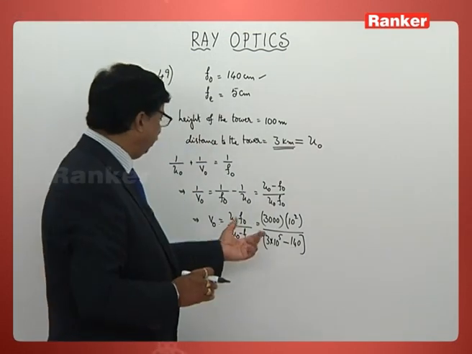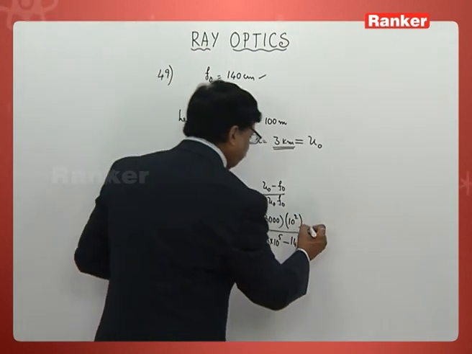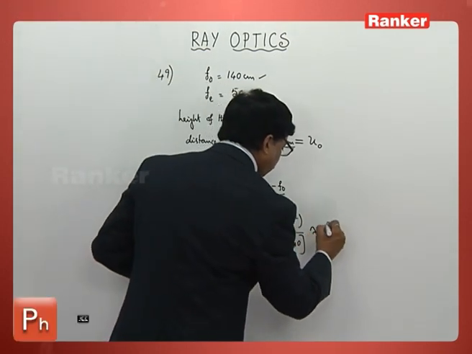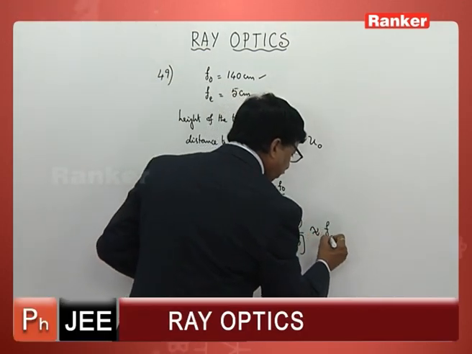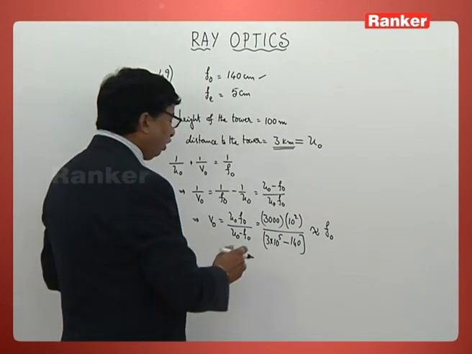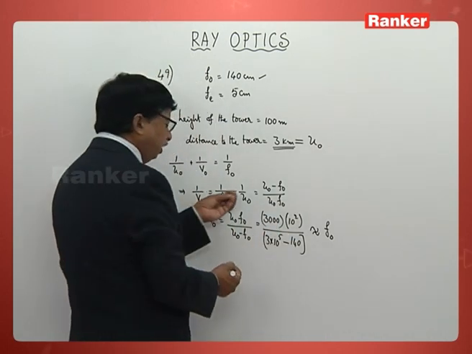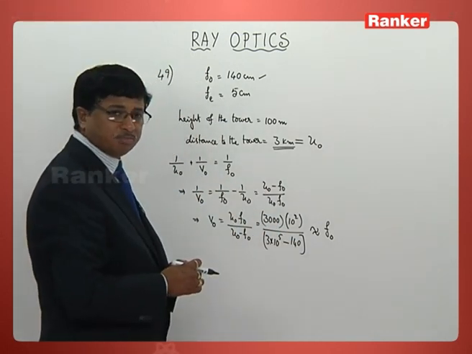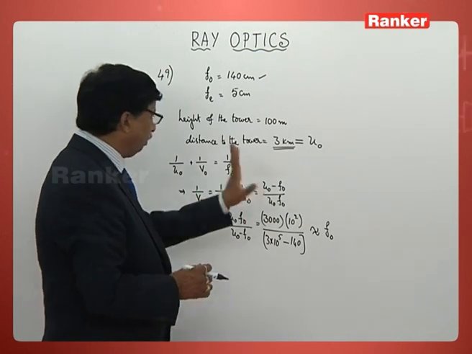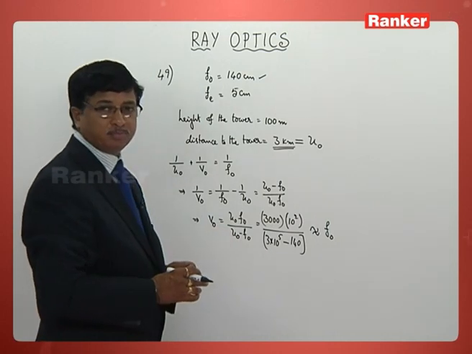So in this particular case, the image distance is nearly equal to the focal length of the objective. That means you need not take this other term, because this value is going to be very close to the focus. So directly, for image distance, you can go ahead with the focal length.